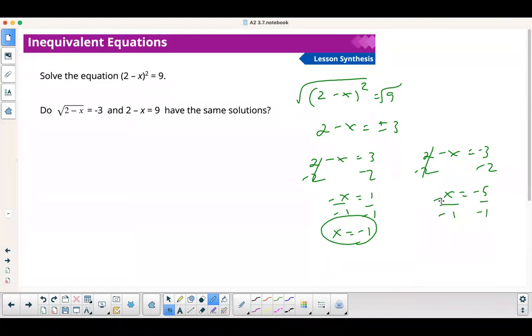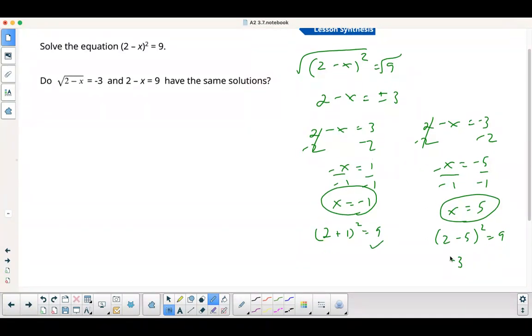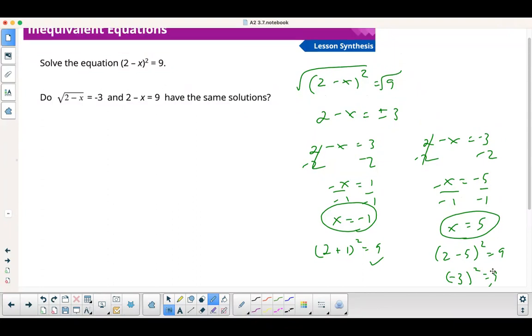Divide by -1, and we get x equals 5. I want to plug them back in and check to make sure that they work. So if I plug in the -1, it's going to be 2 minus -1 is +1. I get 3 squared, 9 equals 9. That worked. If I plug in the 5, it's going to be 2 minus 5 squared equals 9. So this becomes -3. Make sure you keep the parentheses there. -3 squared. That works. Okay, good.